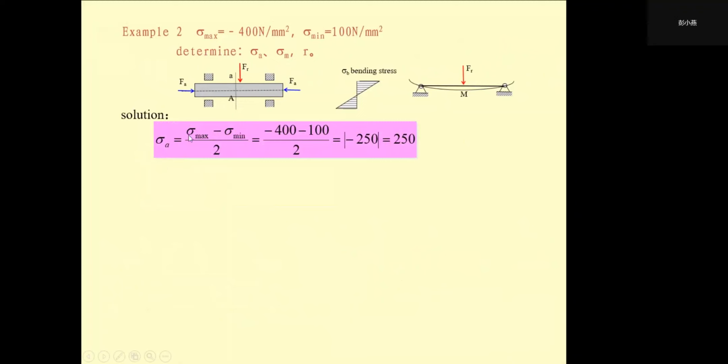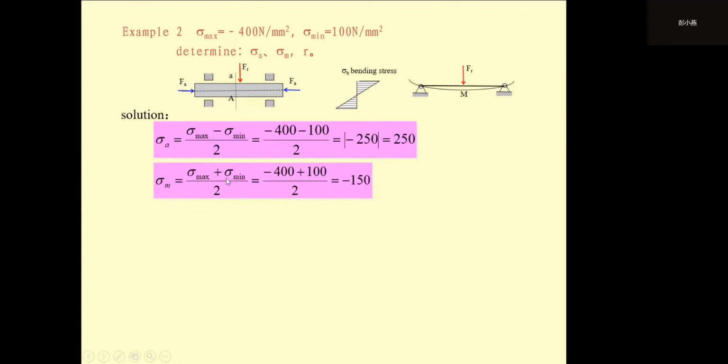We can use this to calculate the stress amplitude. Use the maximum stress minus minimum stress and then over 2. The stress amplitude must be positive. So the stress amplitude is taken as the absolute value. So stress amplitude is 250.